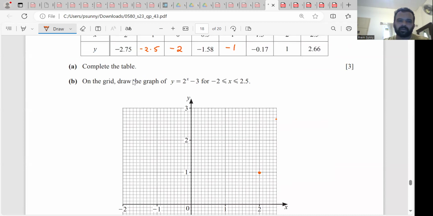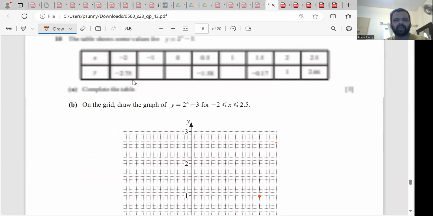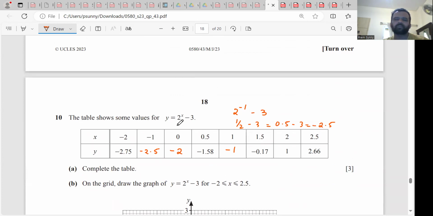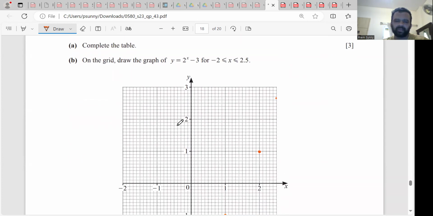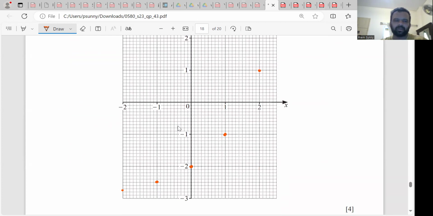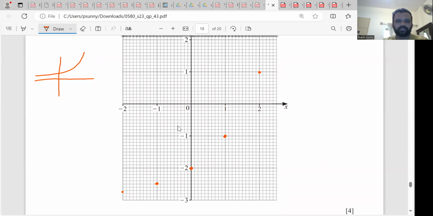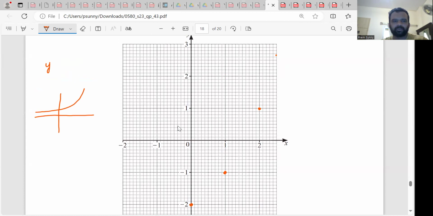So on the grid, draw the graph of y is equal to 2 to the power of x minus 3. I know that this is an exponential graph. 2 to the power of x is an exponential graph, and we know the shape of an exponential graph. It will be something like this. So y is equal to a to the power of x. If a is greater than 1, we will be getting something like this.